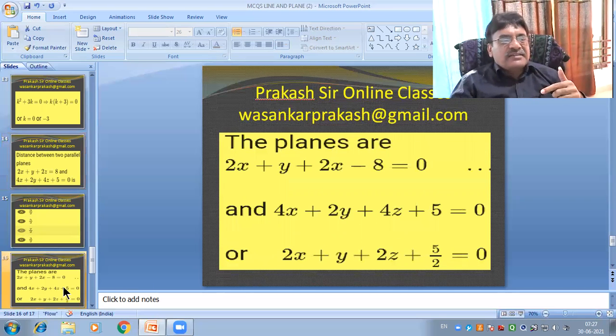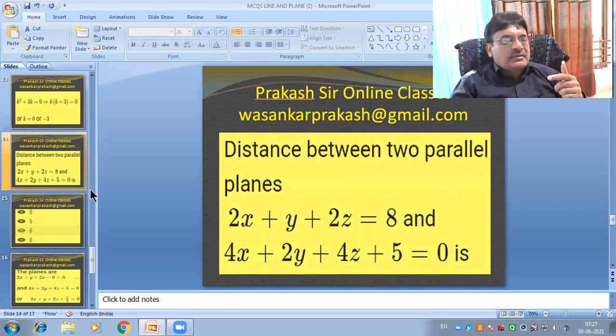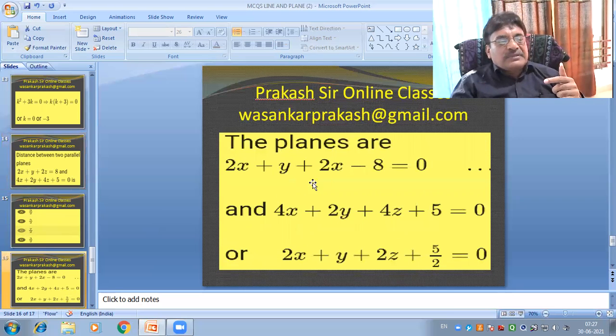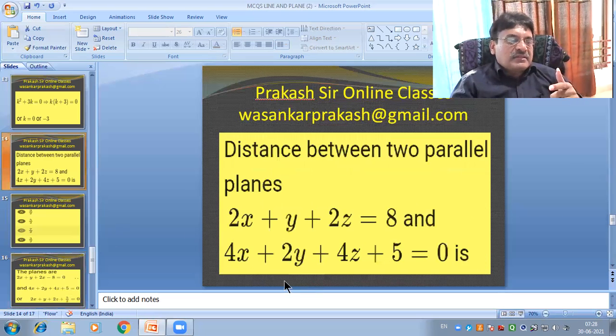The given planes are: the first equation 2x plus y plus 2z minus 8 equals to 0, and the second equation 4x plus 2y plus 4z plus 5 equals to 0.